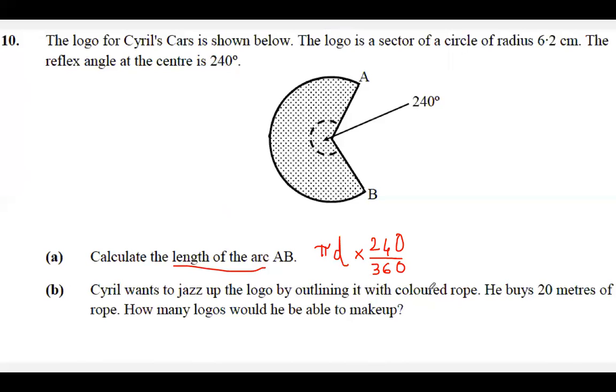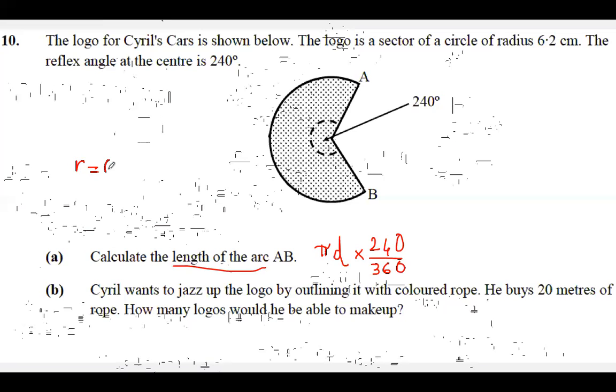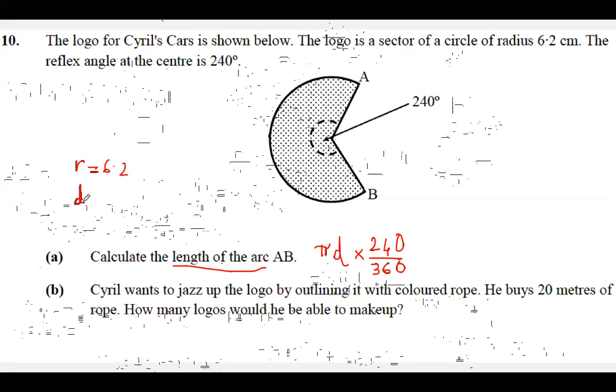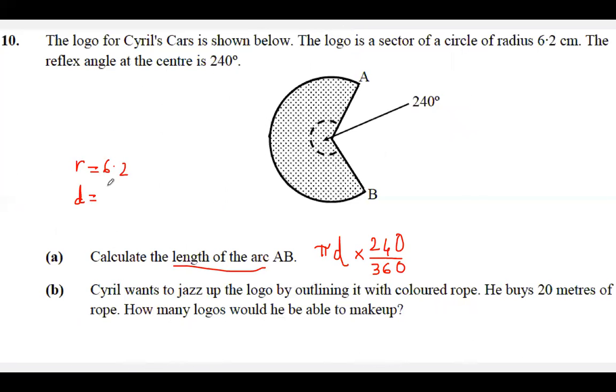So pi d, if the radius is 6.2, I would put here r equals 6.2, d equals double that, 12.4. You've got everything you need.